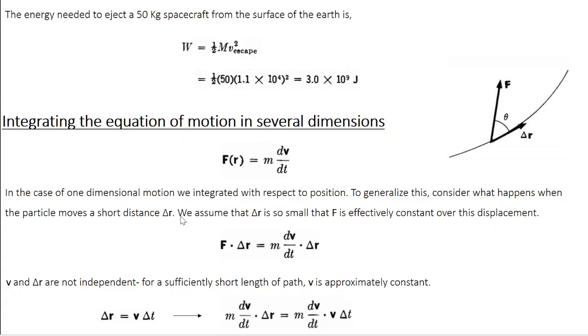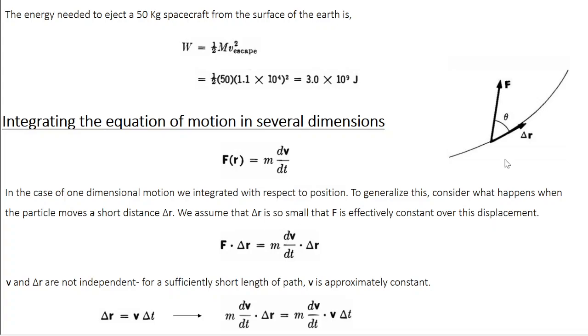In the case of one-dimensional motion, we integrated the equation with respect to position, and to generalize this, consider what happens when the particle moves a short distance delta r. Originally it was at this position, and after some time t, it has moved a distance delta r under the influence of the force F.